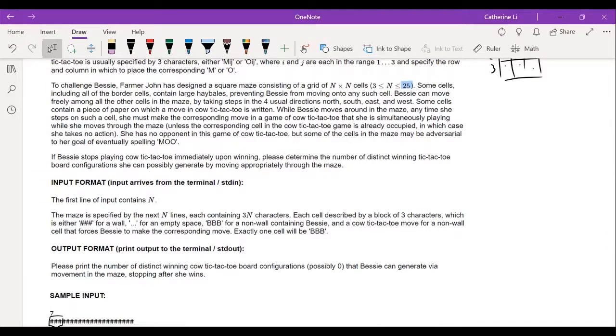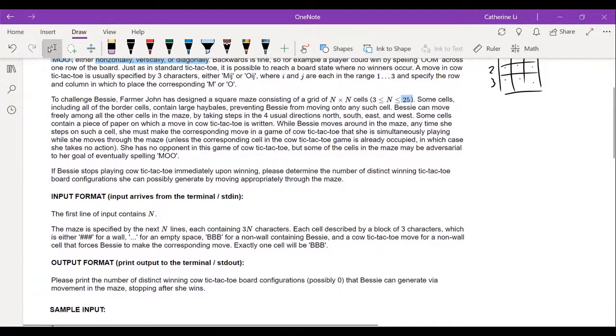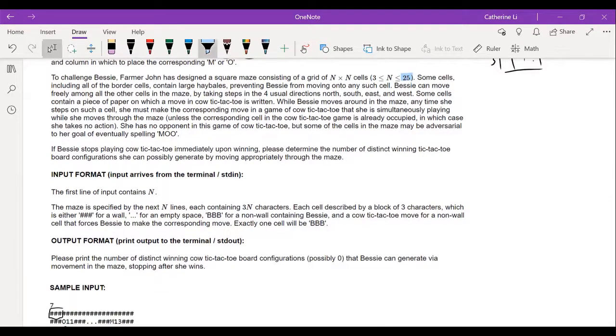And yeah, in this maze, there's going to be these strings or characters that tell her how to put the characters onto the tic-tac-toe board. And also, in this case, she has no opponent, so basically she's just playing by herself.